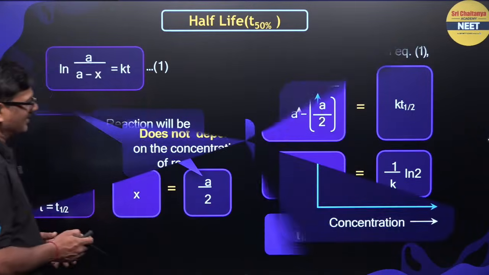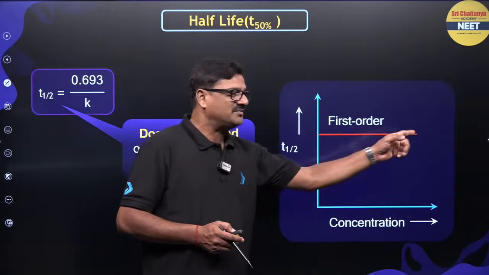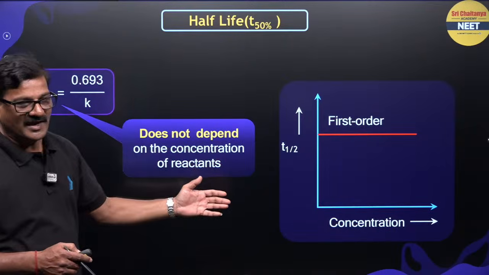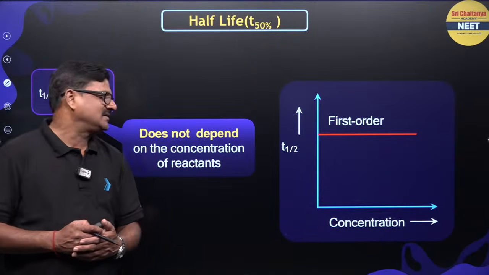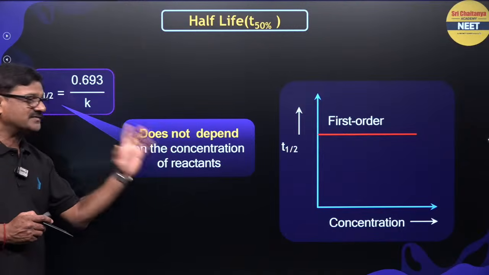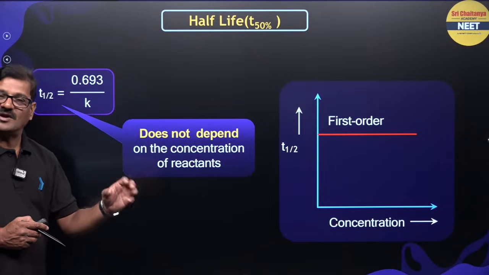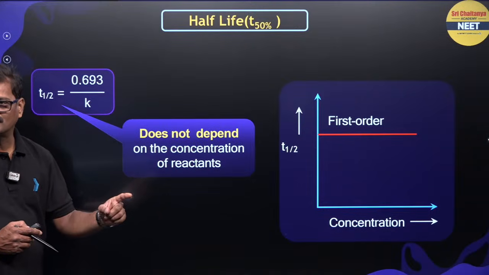So if you take a graph of t half against concentration, it is going to be a straight line parallel to the concentration axis. This is what is called a first order reaction. Fine. And this is very important: it does not depend on the concentration of the reactant. Directly the rate constant will be given and you are asked to calculate t half. Bacho, are you getting or not?